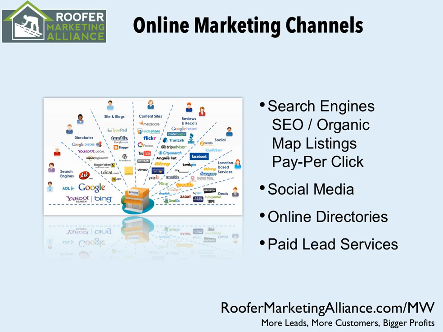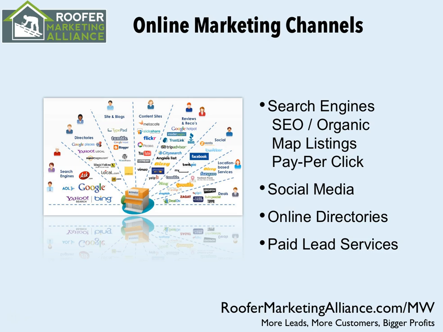So we're going to talk about search engine optimization, getting listed on Google Map results, pay-per-click advertising, Google Ads. By the way, they've just recently changed that from Google AdWords to Google Ads. Facebook advertising, and if you're a commercial roofer, there may be opportunities for you to use LinkedIn advertising.